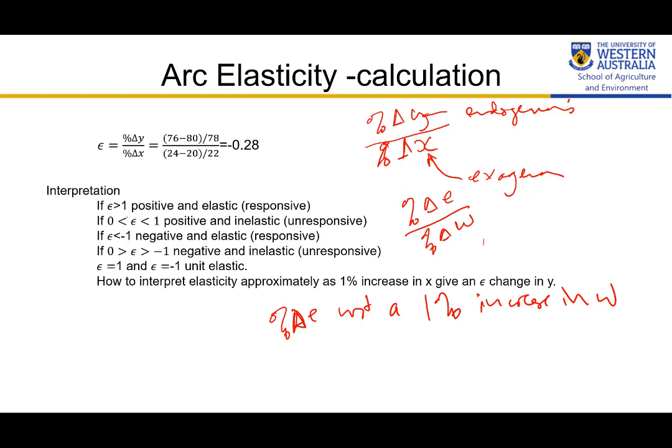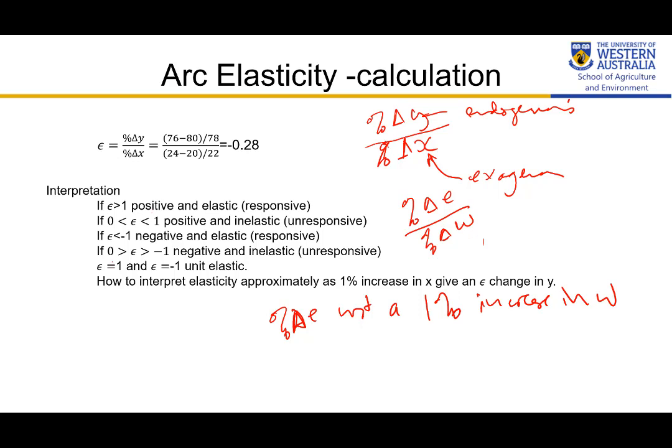If the elasticity is between 0 and 1, then the change is positive but inelastic or unresponsive. Then we've got the negative versions of those. If we get a negative value less than -1, for instance -2, then it's negative and elastic, responsive but in a negative direction.